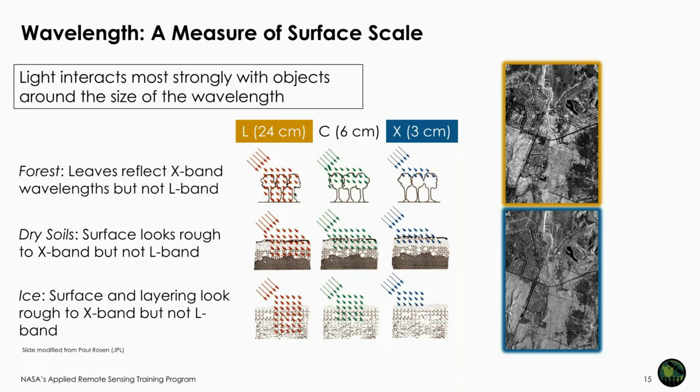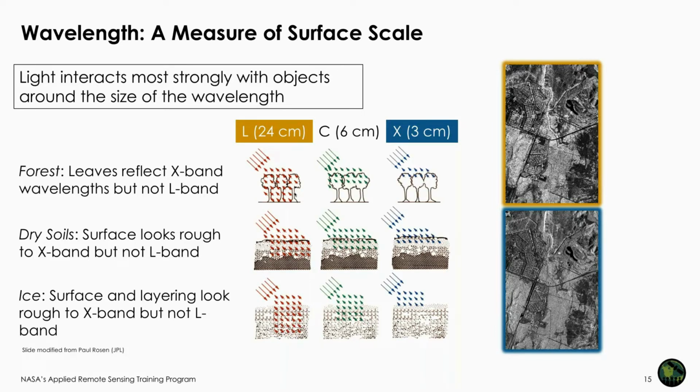The C band, which is one of the most common bands used by satellites these days, is 6 centimeter wavelength. So that's going to be bouncing off things like branches in the trees and sometimes, to some extent, the leaves. And then the other common wavelength is the X band, which is 3 centimeter wavelength.